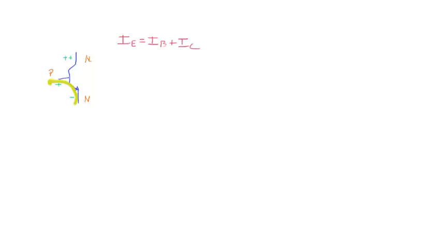Like we said, the current goes from a lower potential to a higher, and then at the junction some of that current will go through the collector leg. So if you recall, Kirchhoff's current law tells us that the sum of the current into a node has to equal the algebraic sum of the currents out. So the emitter current is equal to the sum of the base and the collector.